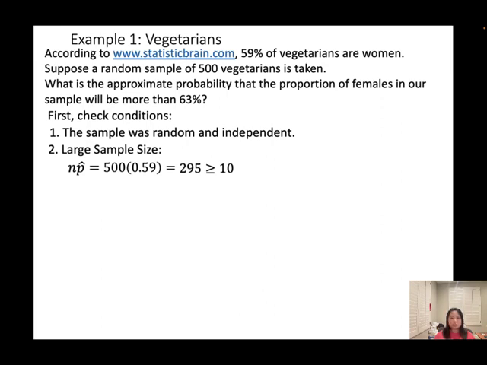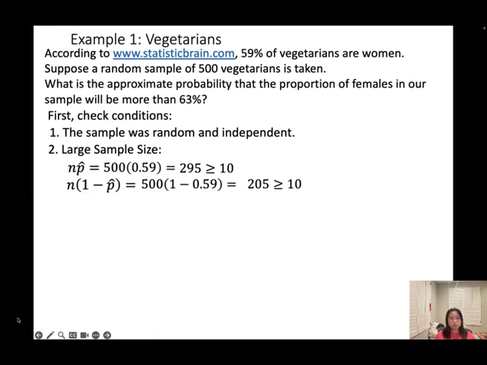This is good. And then for the second one, we multiply n times the failures. Plug in the numbers. You get 205, which is greater than or equal to 10. So it fulfills condition 2.